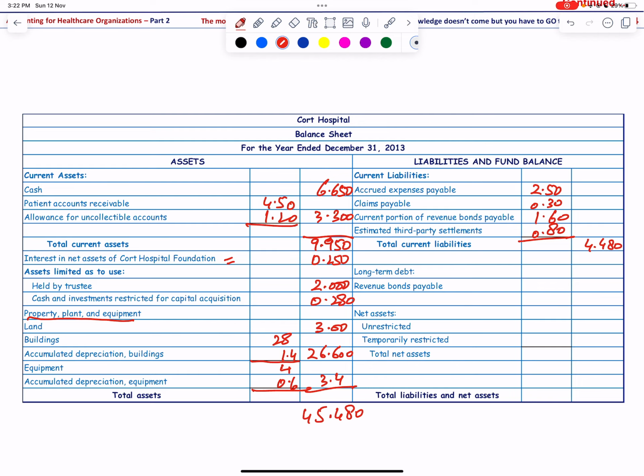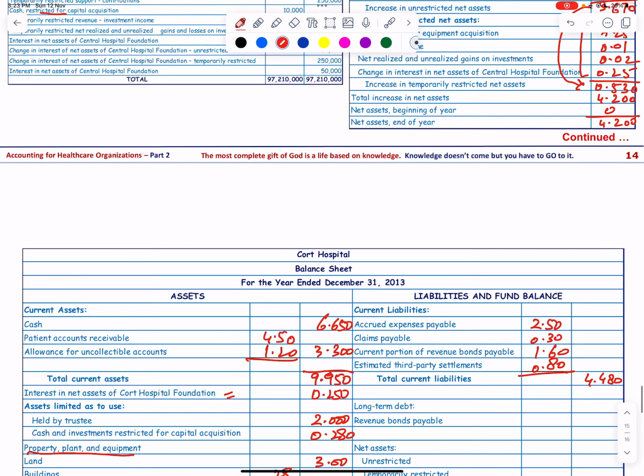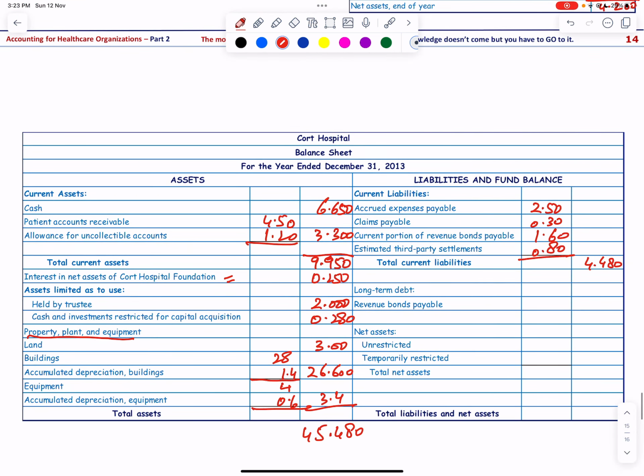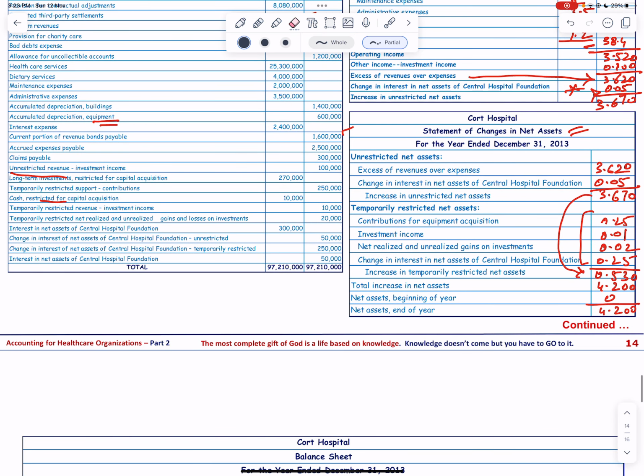Then we can see the long-term debt, and for this we have the revenue bonds payable 36,800,000, so 36.800. Then we have the net assets, and these are unrestricted, and we can get the unrestricted from here. Increase in unrestricted net assets, that is 3.67.